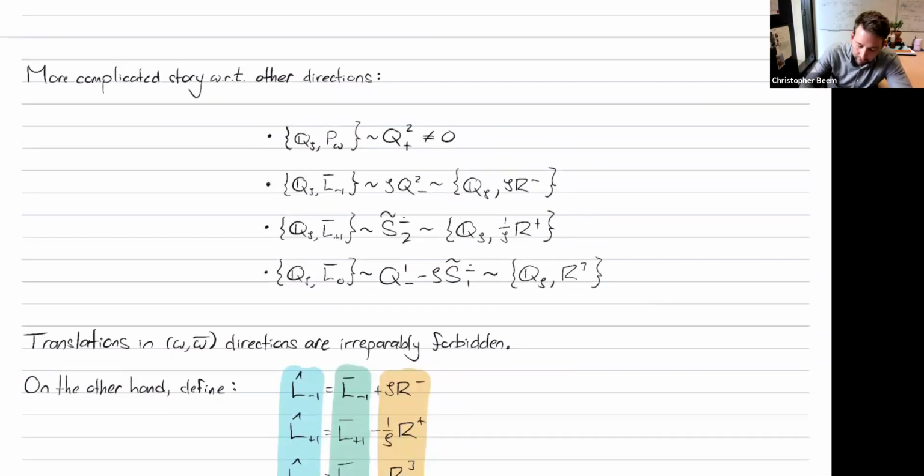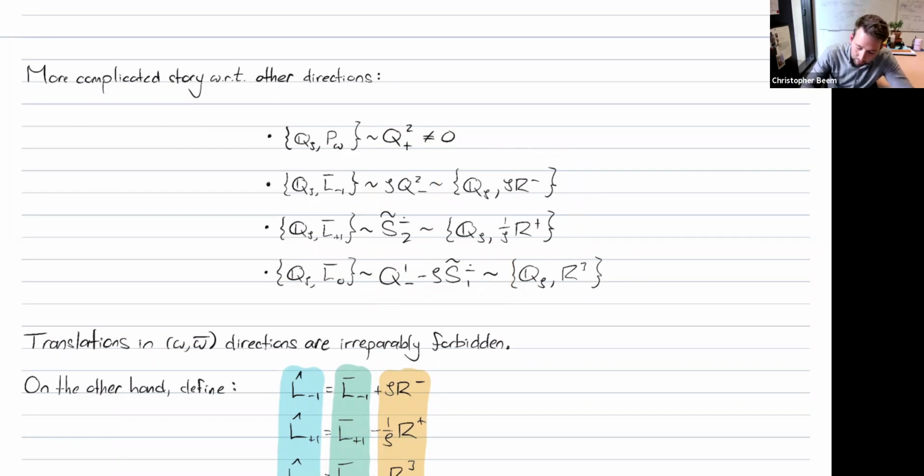First of all, translations in the transverse directions don't commute with Q. It's also the case that the anti-holomorphic translations, which are generated by L bar -1, don't commute. And the rest of the SL2 bar doesn't commute. But in the case of the SL2 bar, you can get the same right-hand side by taking Q commutators of various generators of the SU2R symmetry.